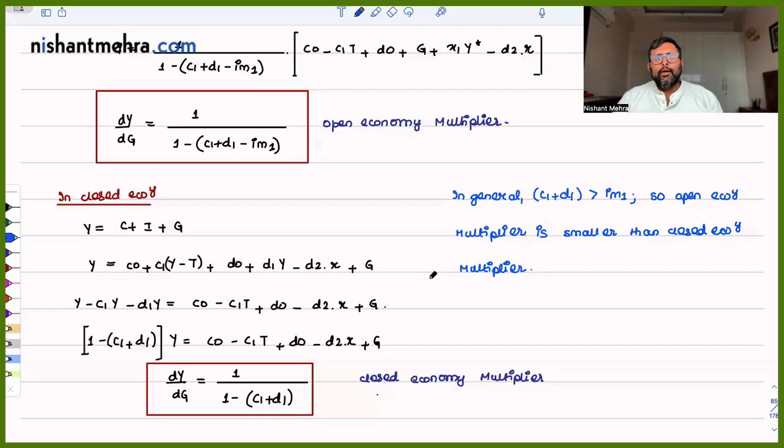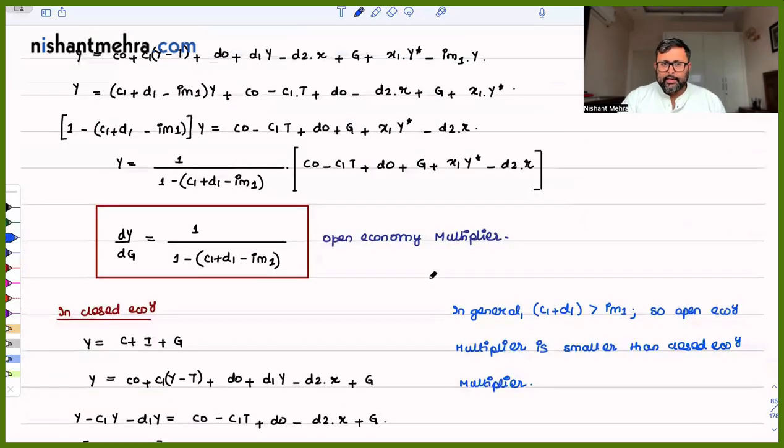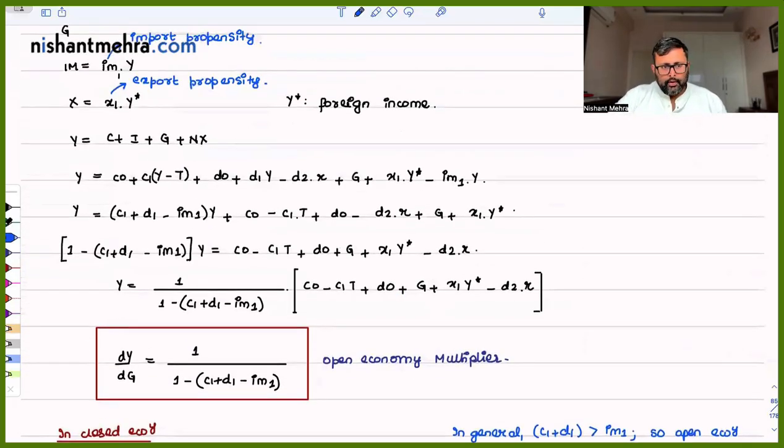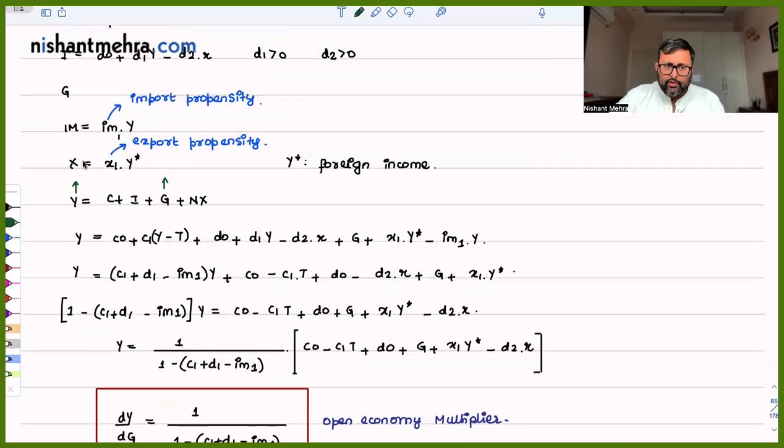Just think about it. In case the government expenditure is going to increase, let's say in the open economy, the moment government expenditure increases, y is going to increase. Y is equal to C plus I plus G plus NX. But the moment your y increases, imports are going to increase. And if imports increase, then net exports are going to fall, right?